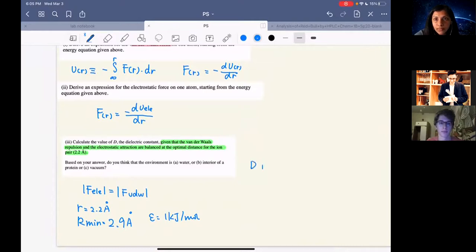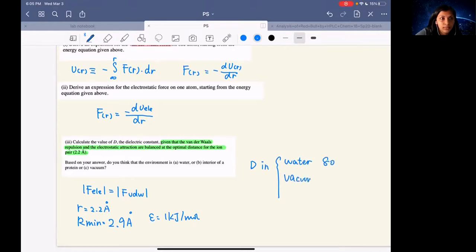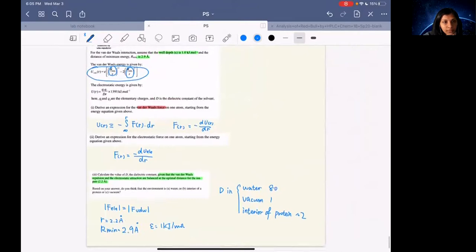Usually the dielectric constant in water is around 80, in vacuum it is 1, and in the interior of a protein it is around 2. This should help you decide whether this dielectric constant is in water, vacuum, or protein. And that's pretty much for question 1.